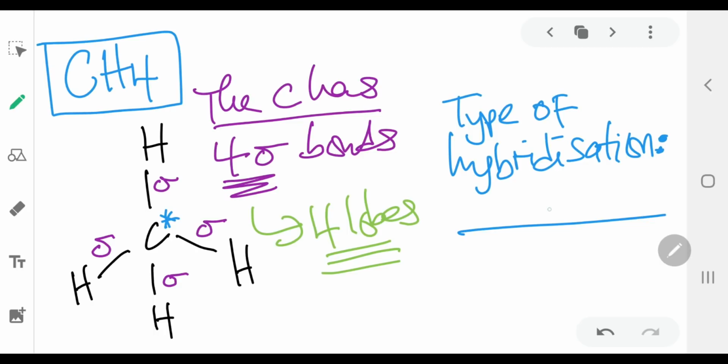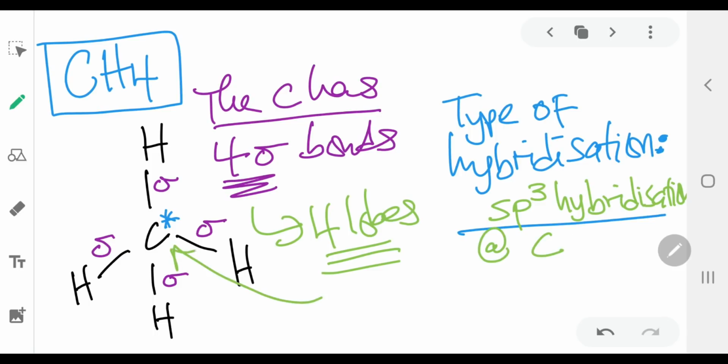When you have 4 lobes, you are SP3 hybridization at carbon. So that carbon over here is SP3 hybridized.